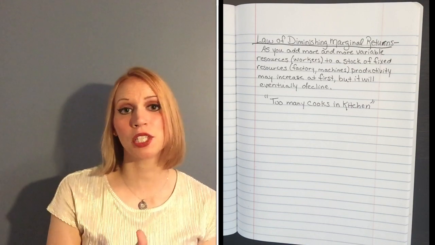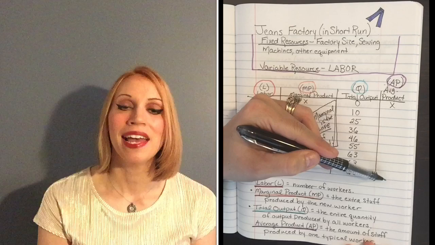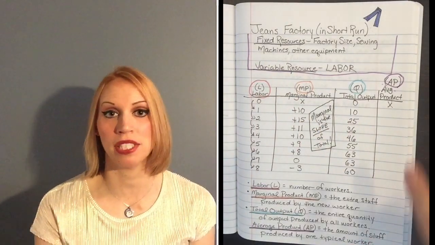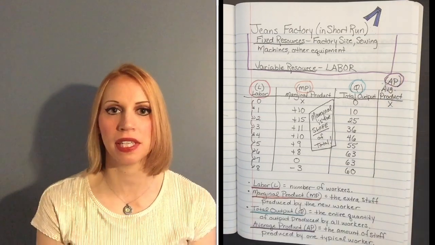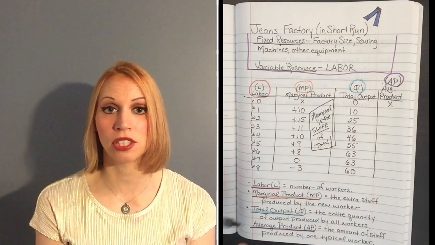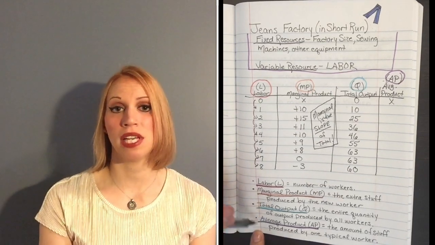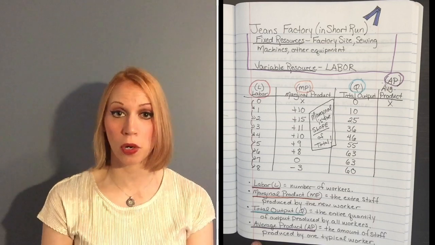Now there's one last term that we need to add on this chart that we didn't have on the utility chart, and that is average productivity or average physical product. Some books call it different things. How do you find this? You're just going to be doing the average. Your average productivity tells you how much stuff is being made by one typical worker.